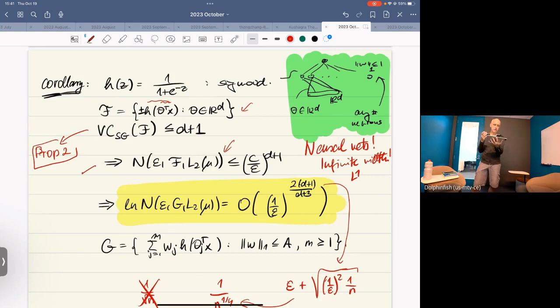And now what we want to do is convexify this. So the difference between the F class and the H class is that you're summing up the functions in the F class with weights that sum to 1. Notice that I included positive and negative sigmoids both, so that I can say that the weights are non-negative and that they sum to 1.